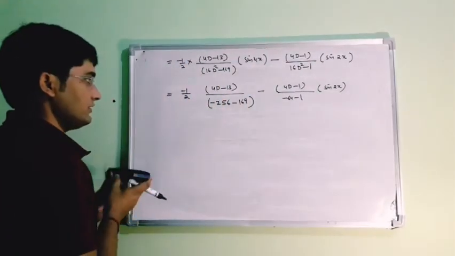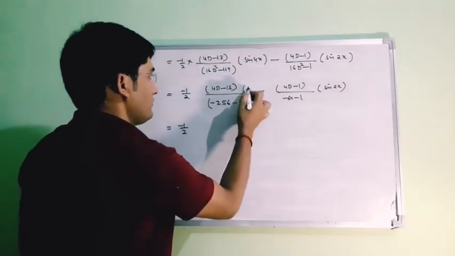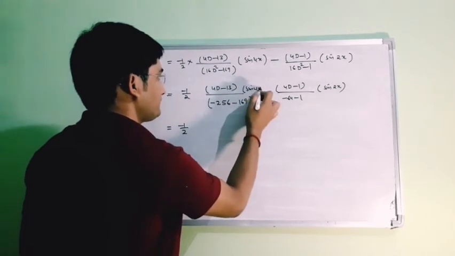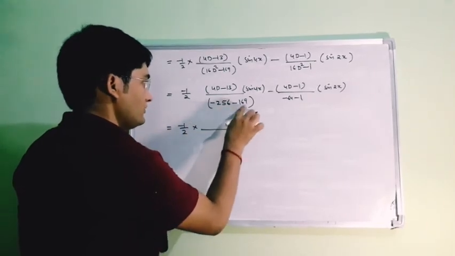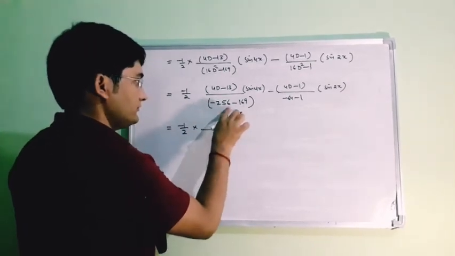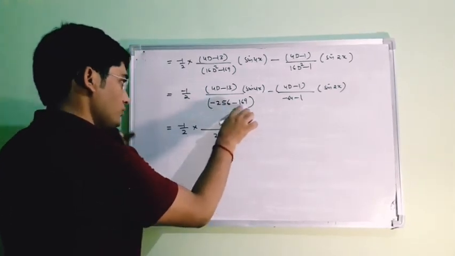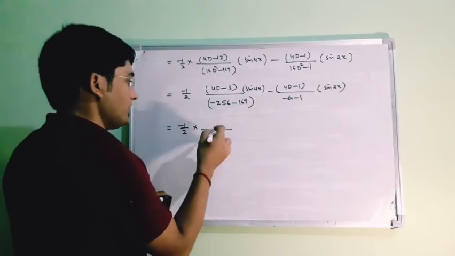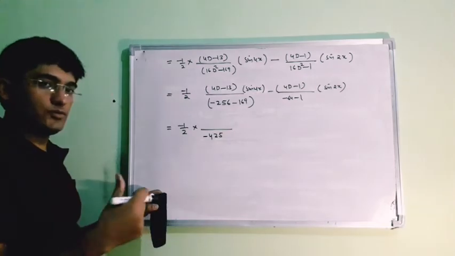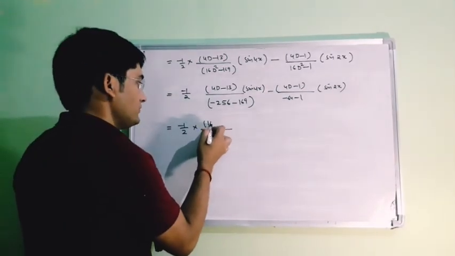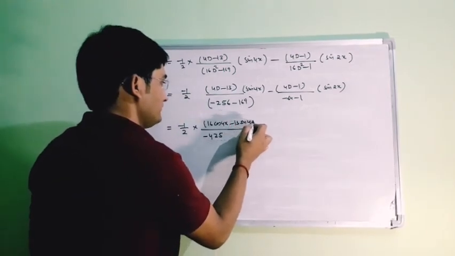Now this is equal to minus 1 by 2, and in the bracket we have sine 4x over 425 with negative sign. And now the differentiation of sine 4x will be 4 times cos 4x, then minus 13 sine 4x.